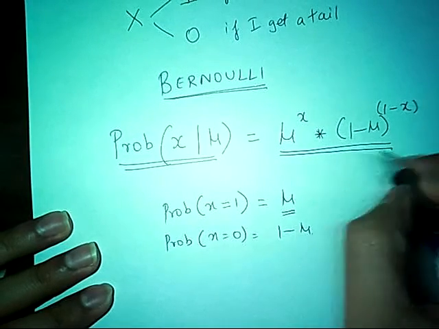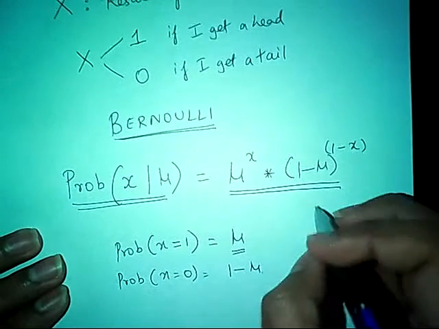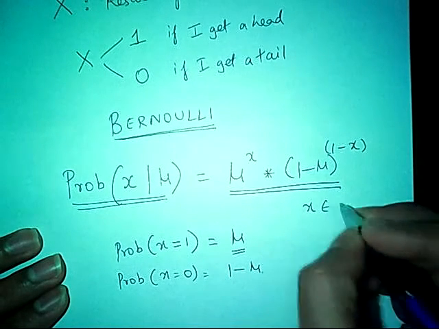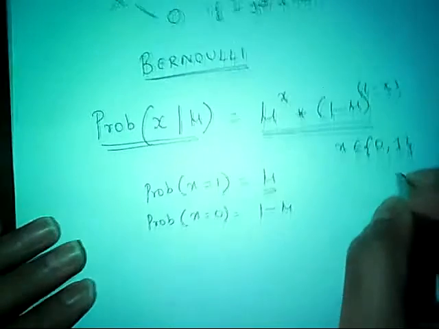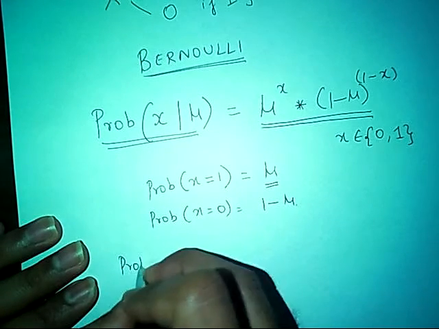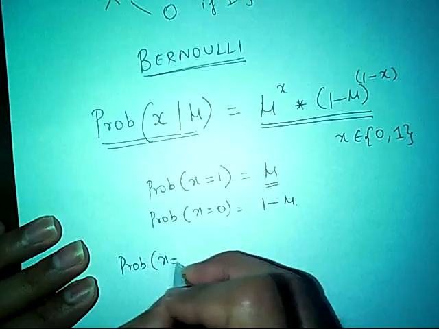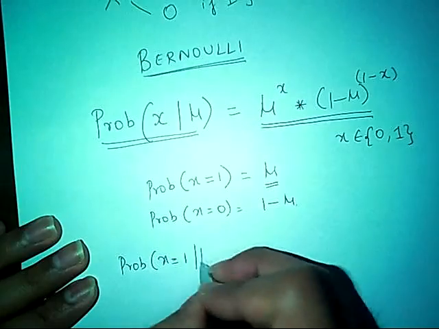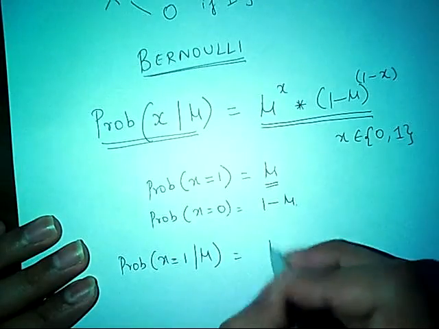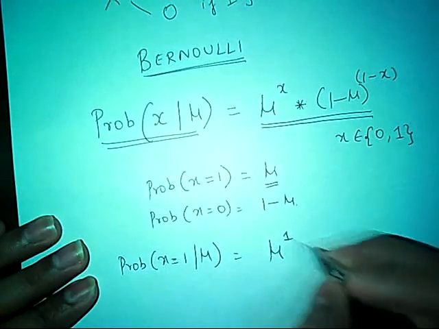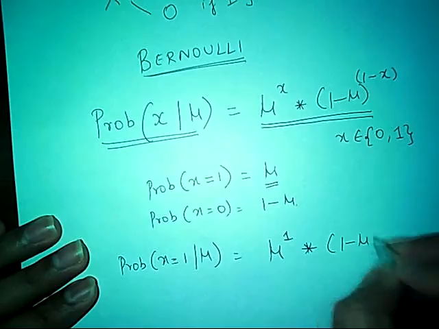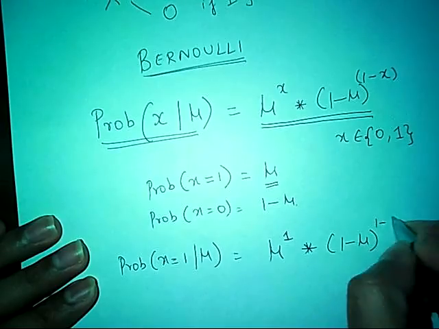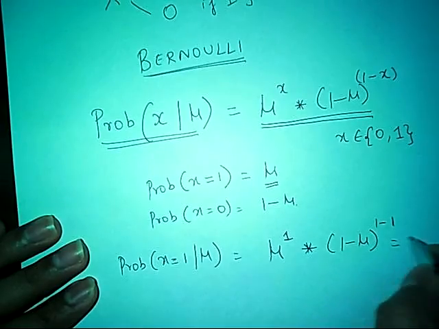If you look at this, you can see that x can either take the value 0 or 1. So probability that x equals 1 given mu is mu to the power 1 multiplied by 1 minus mu power 1 minus 1, and you can see that this is equal to mu.